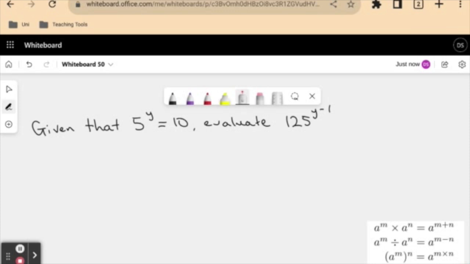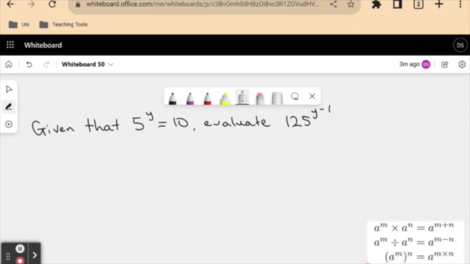Now, when we approach questions like this, when we have something totally abstract, we just want to find a link between this and this. So we want to write down what we know. Well, I've already given us a little reference here, which is our index laws.